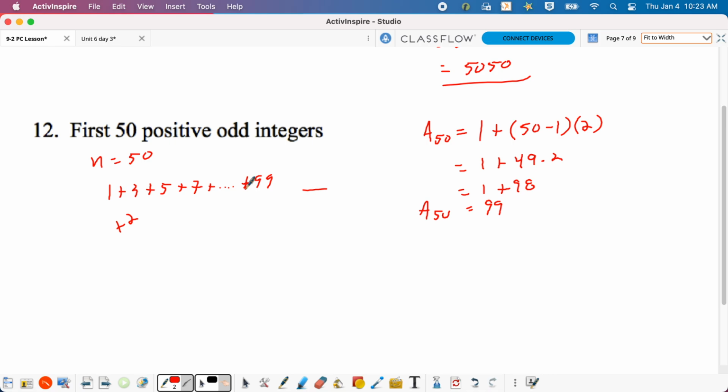So I'm adding 1 plus 3 plus 5 plus 7 plus ... all the way up to 99. So now I'm good. I have my number of terms, my first term, and my last term. Plug it into that summation formula.